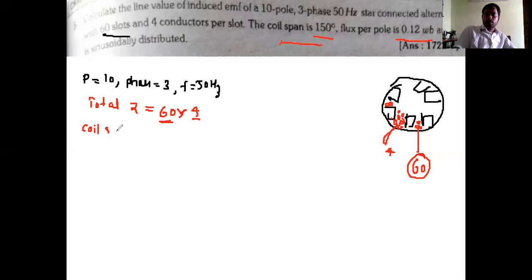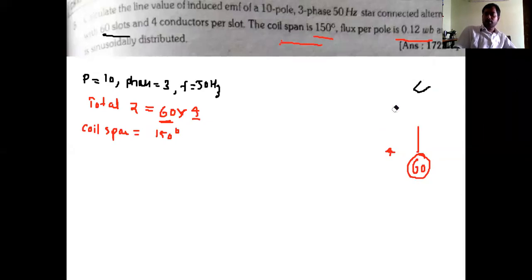Coil span is equal to 150 degrees. For example, this is full pitch winding, with north and south poles.